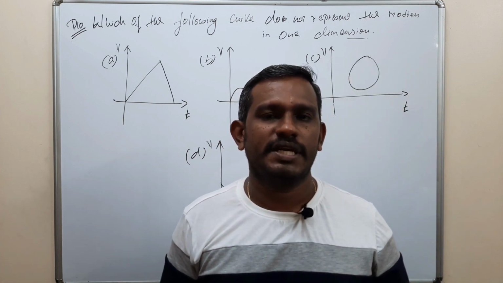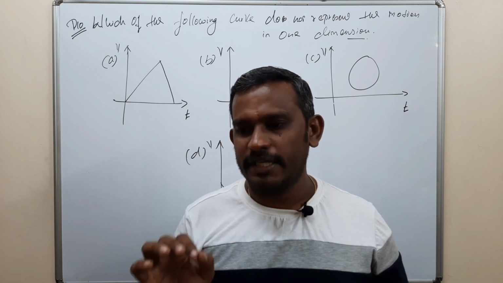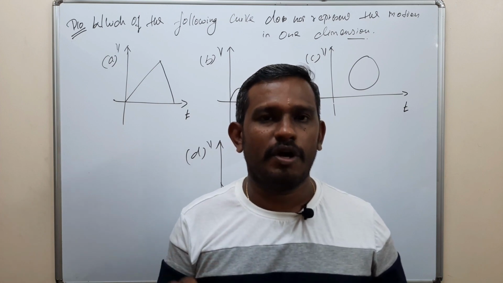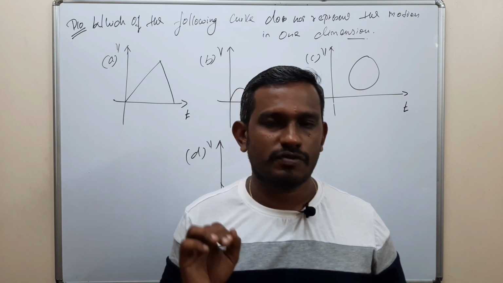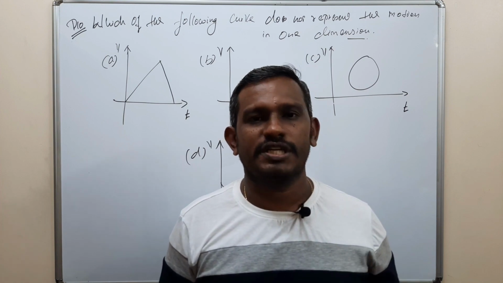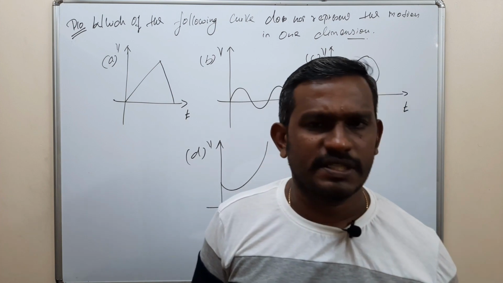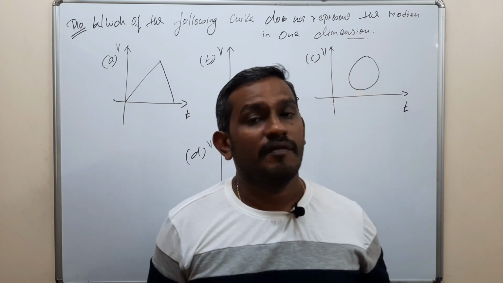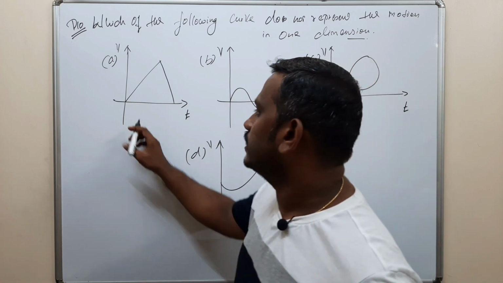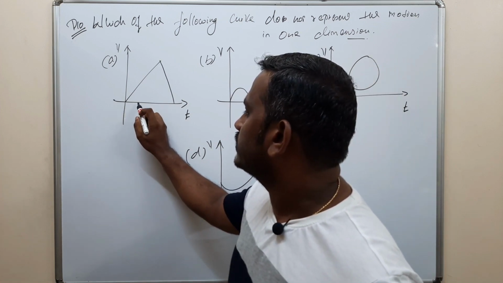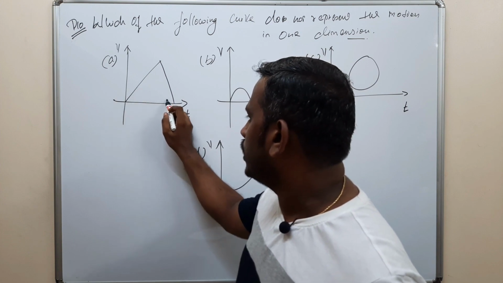That means the body at a particular instant of time has only one velocity. In projectile motion, the body undergoes two types of velocity, horizontal velocity and vertical velocity. In this curve, at each instant of time, the body has only one velocity.